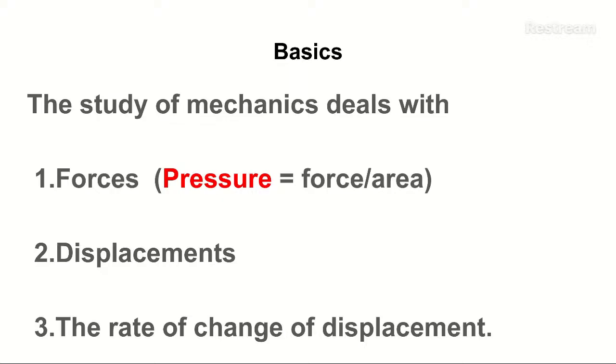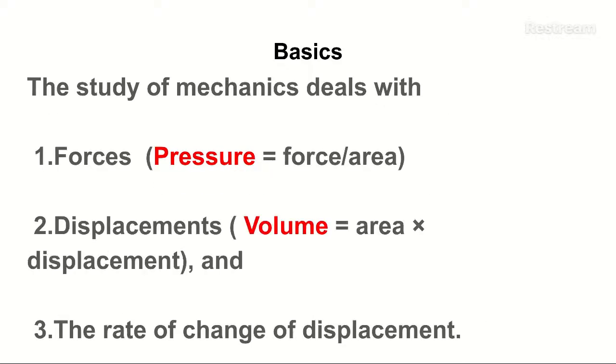So as we know, force is what? Force per unit area is pressure. And what is displacement? It is like how much the diaphragm is pushed, how much the piston is pushed. So it is like the cross sectional area and the displacement or the distance.